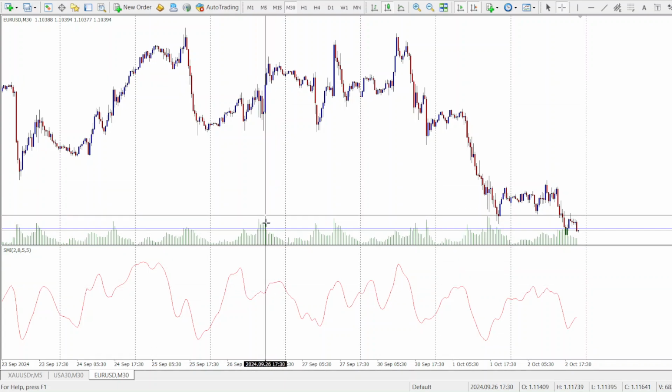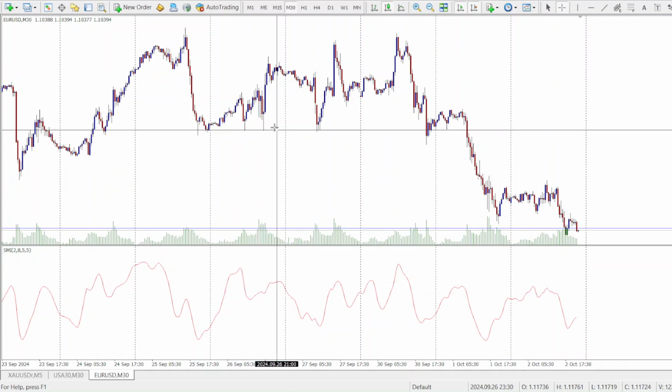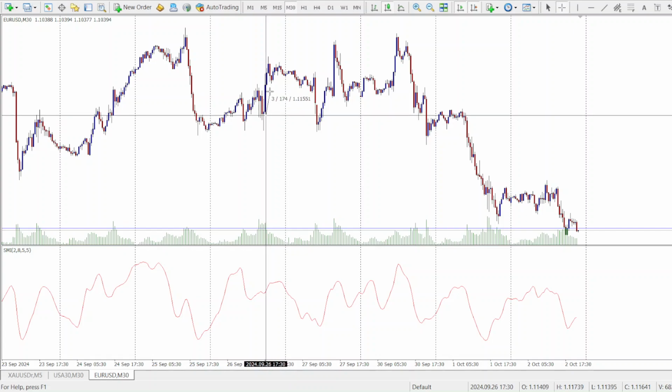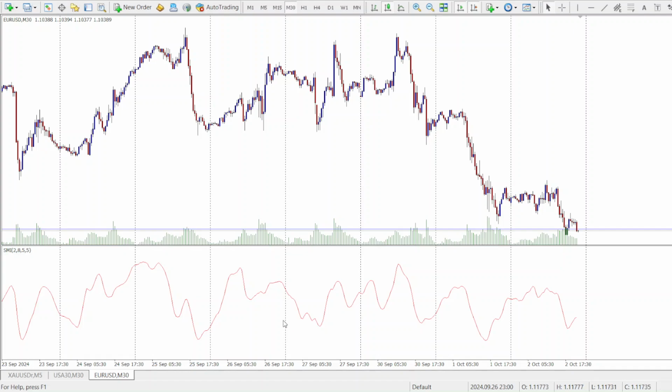So this would have been our third buy trade within that day, and this would have given us somewhere around 38 or 40 pips. So there would have been 3 good buy trades for us within this day. This is another example of how to day trade using the SMI indicator.